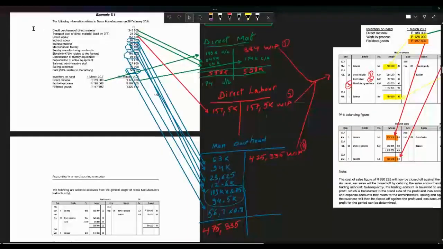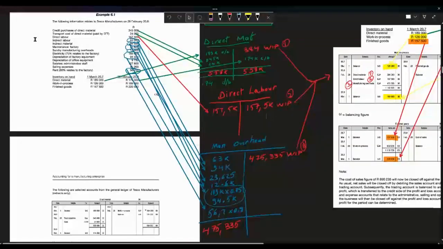Maintenance for the factory, yes, it is taken into account. Electricity, for example, there is a part of electricity that goes to the manufacturing, and that is only 75%. So from the total that is given to us here, 189,000, 75% of that will be allocated to the manufacturing. So that's what is to be remembered here.